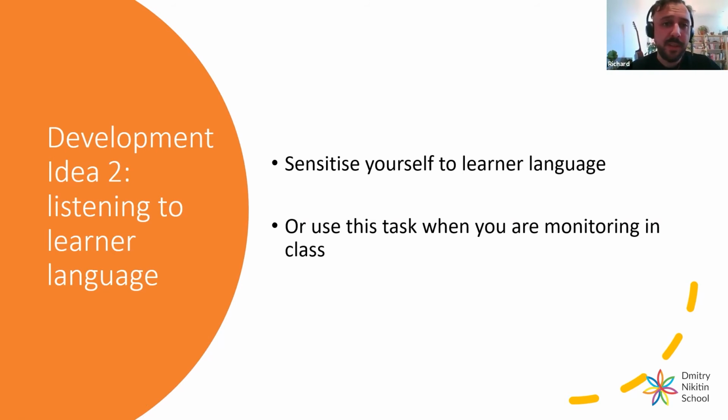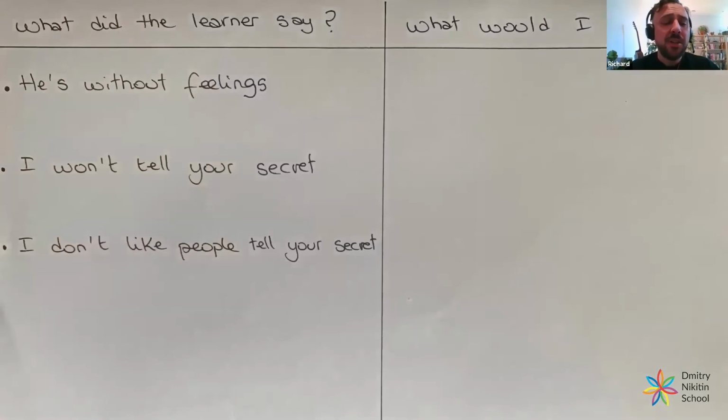Really simple. Okay, I can't deal with emergent language. What do I do? In my notebook, I put two columns. The first column is, what did the learner say? The second column is, and we can all answer this question, what would I say? Or, what was the learner trying to say?